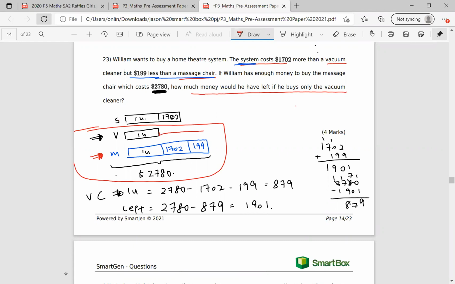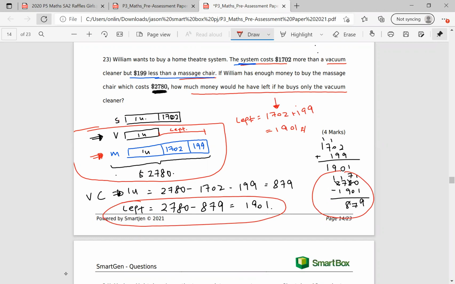So actually the left can be straight away found here by just taking the 1702 plus 199, we will have 1901, and this is actually just the answer here already. If you can understand and realize that, then you might not need to do the extra step here, because we already got our answer earlier on.